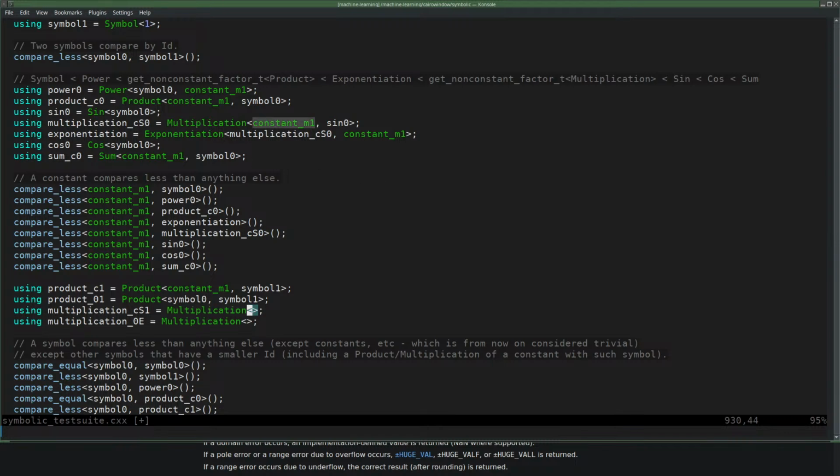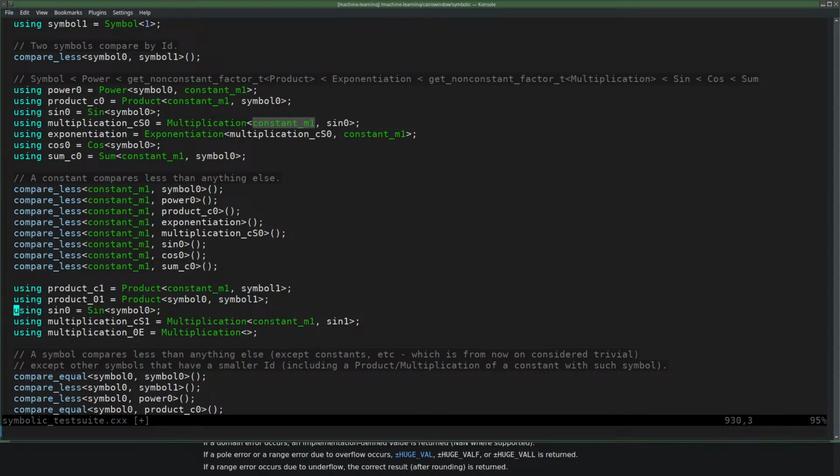Pick the same constant. I have to define sign 1 as well. And this one is a symbol with an exponentiation.